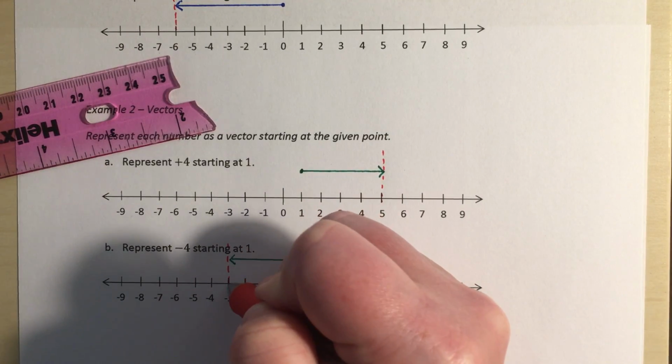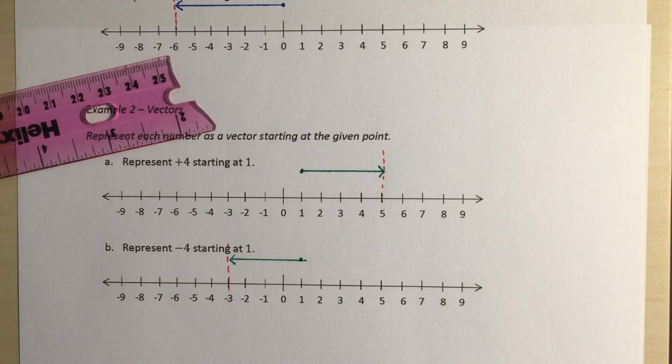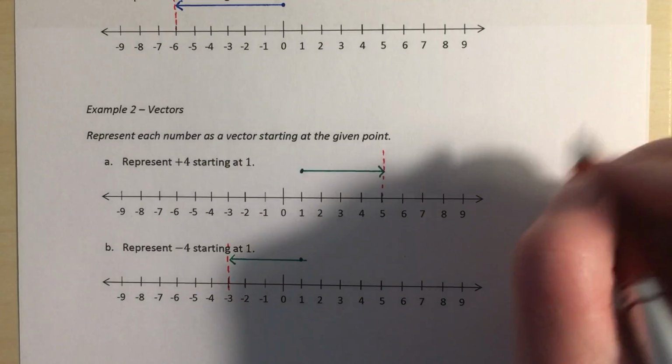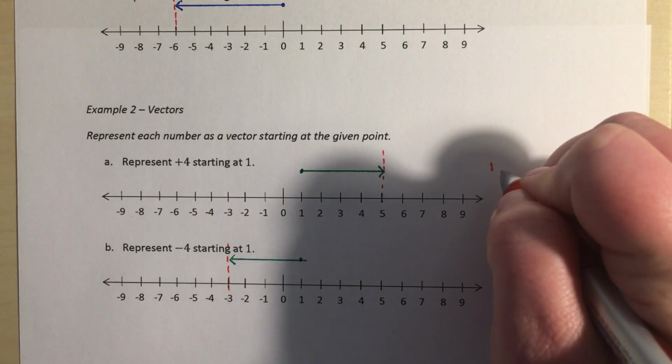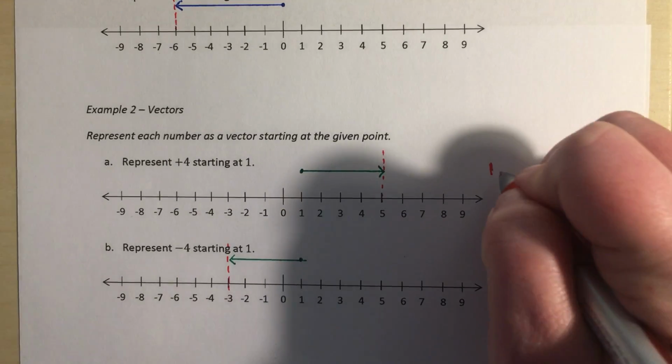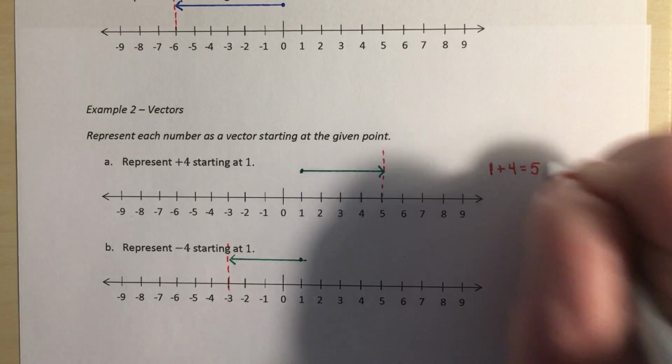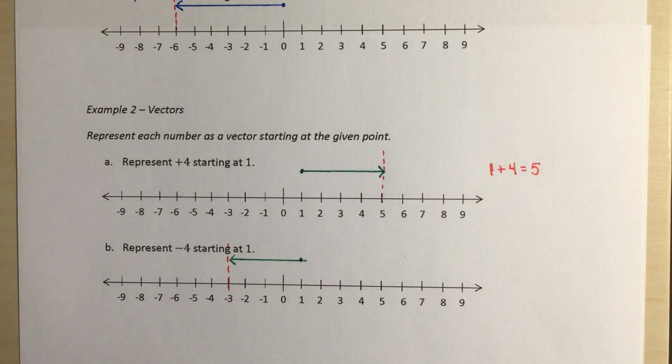Now, why are these vectors useful? Basically, what we've just done here is an addition problem of signed numbers. This problem says the same thing: if we take 1, because that was our starting point, plus 4, that gave us our stopping point of 5.